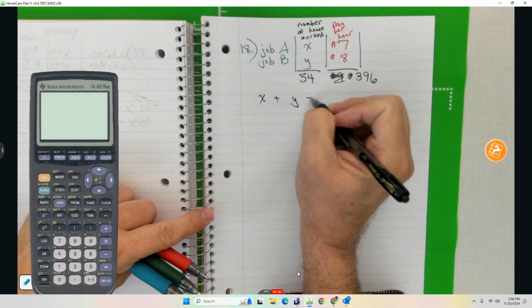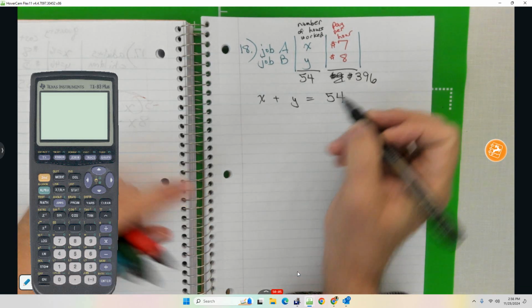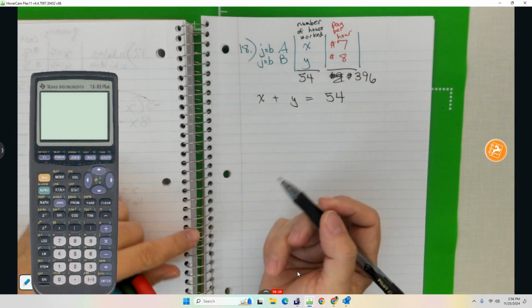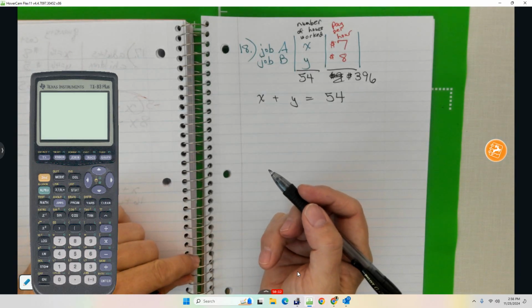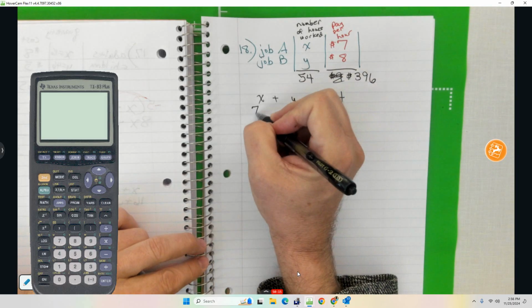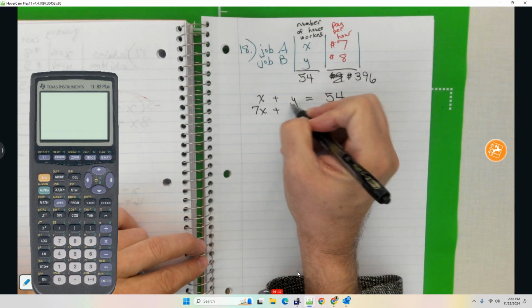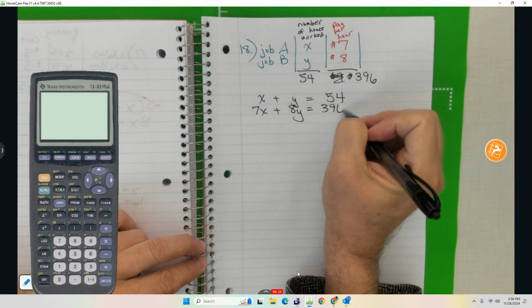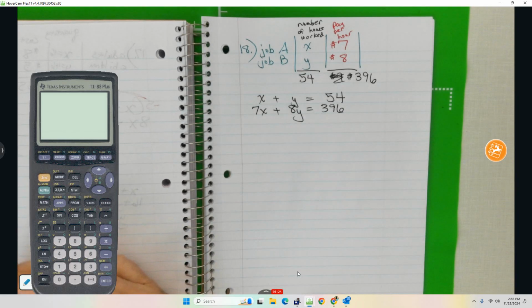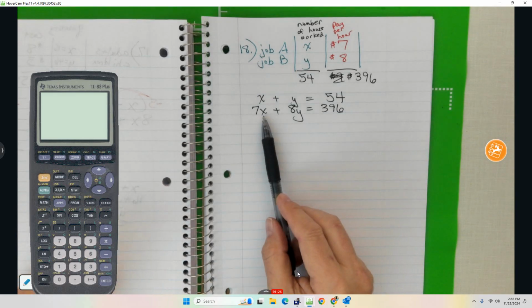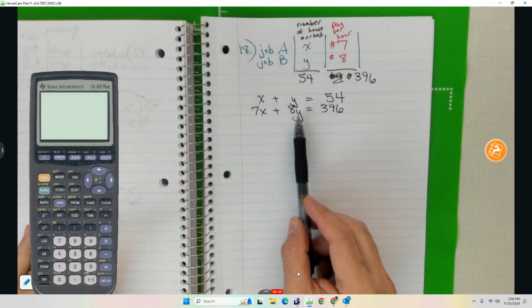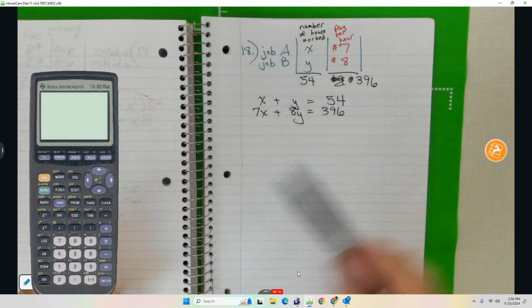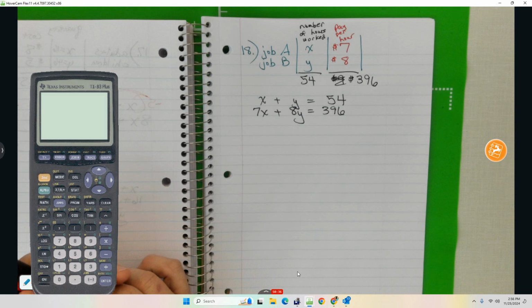And the second equation. 7x, that's all the money earned at job A, plus 8y, all the money he earned at job B. Add those two together to get $396.